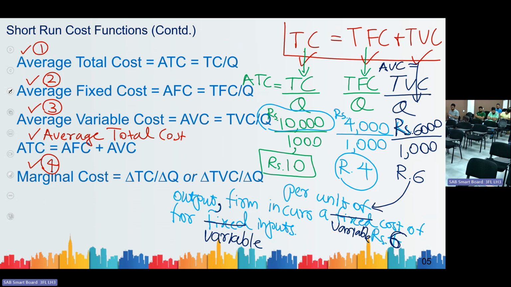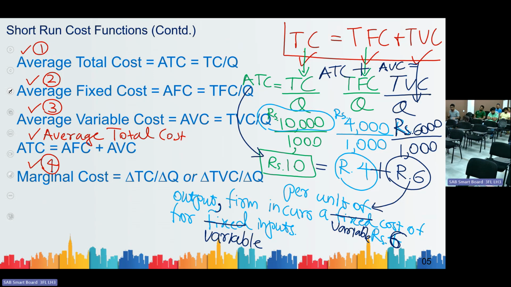So you see here is 10 rupees of average total cost. This 10 rupees equals average fixed cost of 4 rupees and average variable cost of 6 rupees.